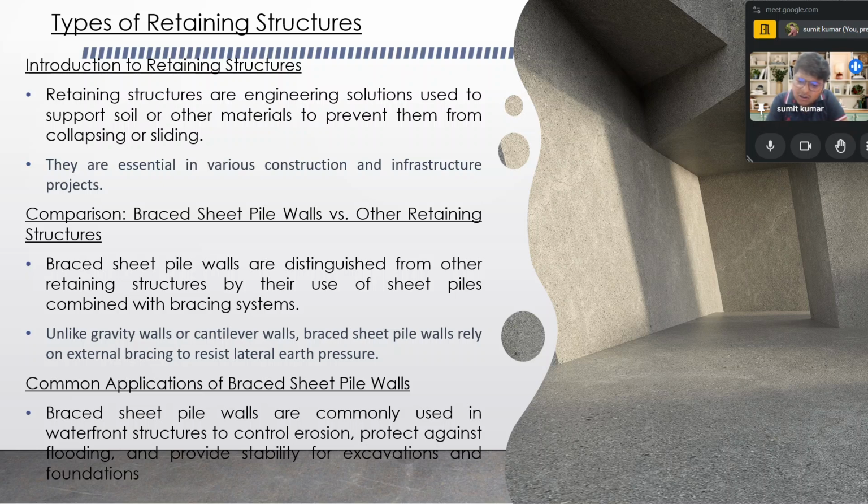Unlike the gravity wall or the cantilever wall, braced sheet piles rely on external bracing to resist the lateral earth pressure. Some of the common applications of sheet piles are in waterfront structures to control erosion, protect against flooding, and provide stability for excavation and foundation.